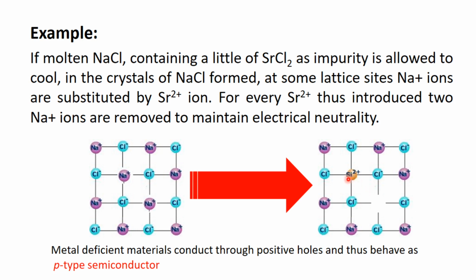So you can see, for example, two Na cations are missing and only one strontium ion is enough to replace two Na ions. So this is a defect with cation deficiency, as only one cation is replacing two cations and stoichiometry is changed, therefore it is a non-stoichiometric defect.